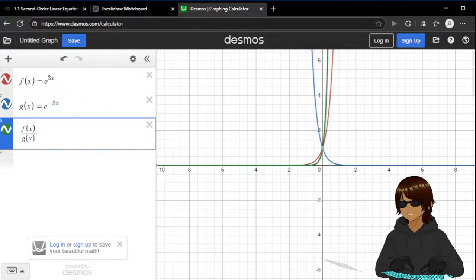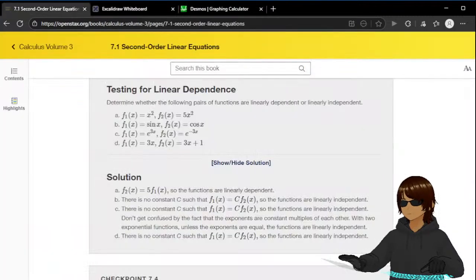That doesn't make any sense. Actually, that does make sense. Or maybe not. Actually, yeah, it does make sense.